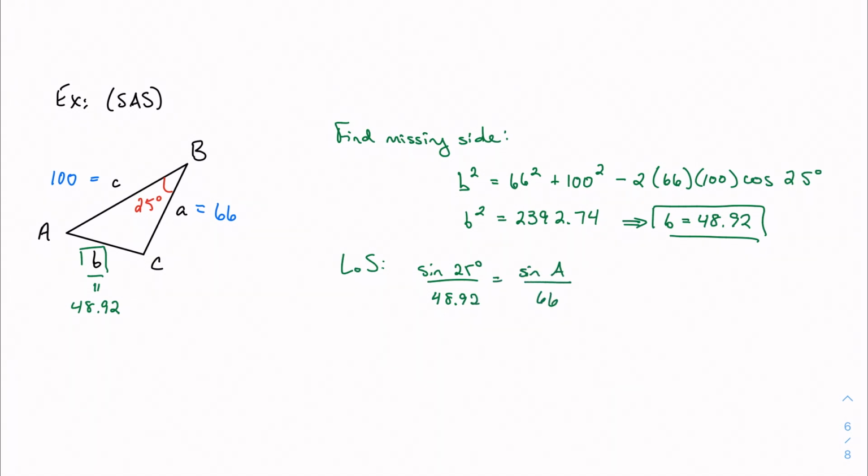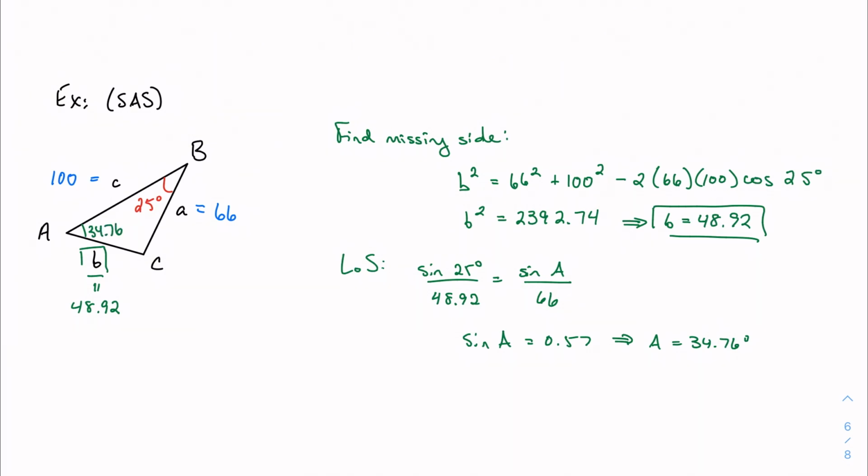So doing the same process as before, take 66 times sine 25 divided by 48.92. 0.570. Take my inverse sine, and I get an angle of 34.76 degrees.